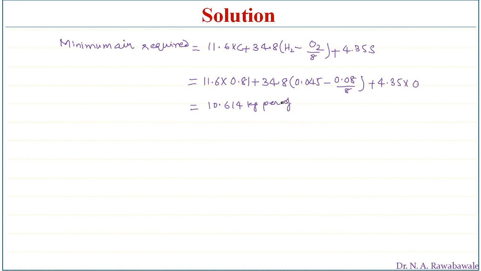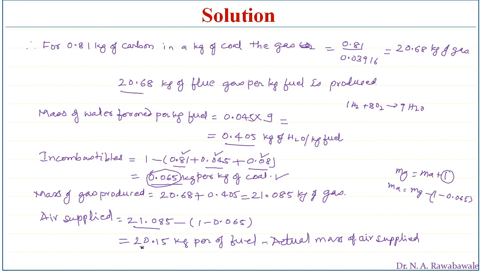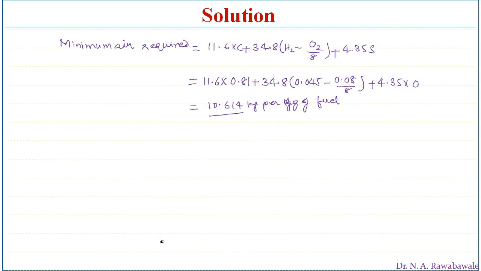So only 10.614 kg of air is required, but we are supplying 20.15 kg of air. Extra air is supplied.